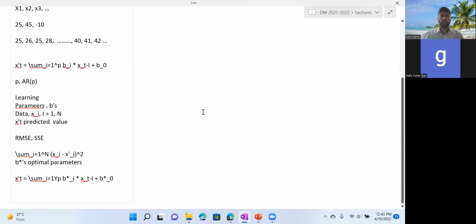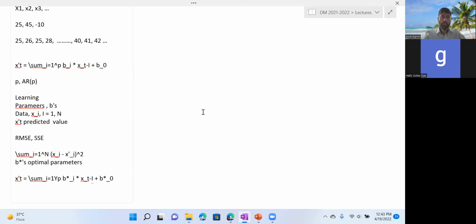Once you put in the values for the x's, you can get the value for x at the next time step, which is x t. So this is the autoregressive model.